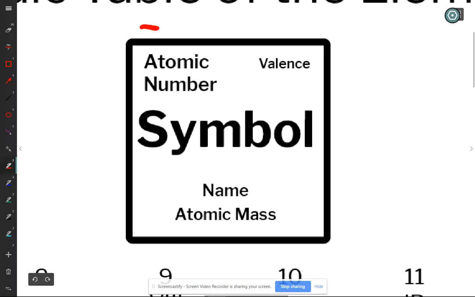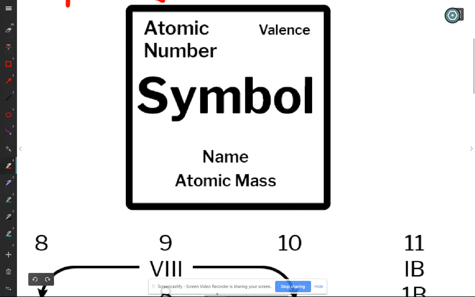And Z is the symbol for it, and it's the number of protons. The bottom center, you have the name. I don't think I need to write anything for the name. And then you have the atomic mass. The atomic mass is A.